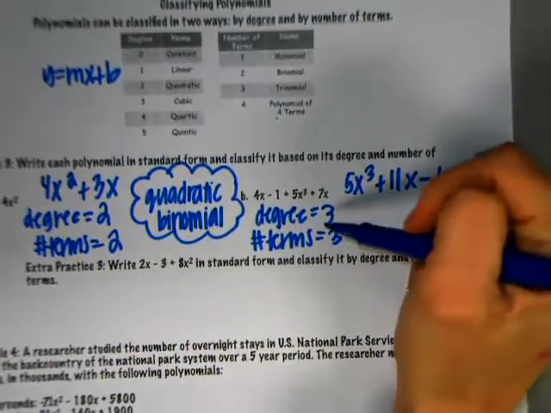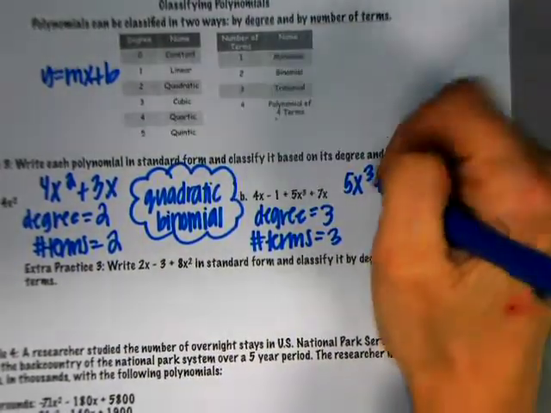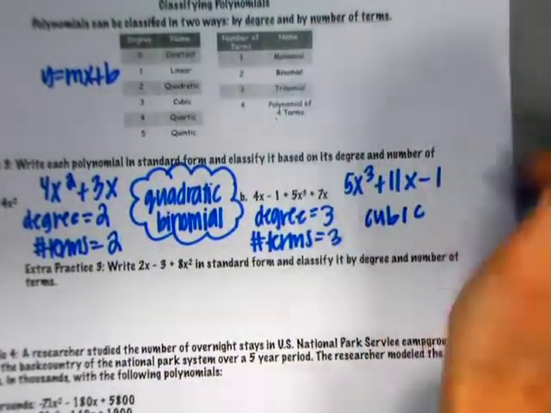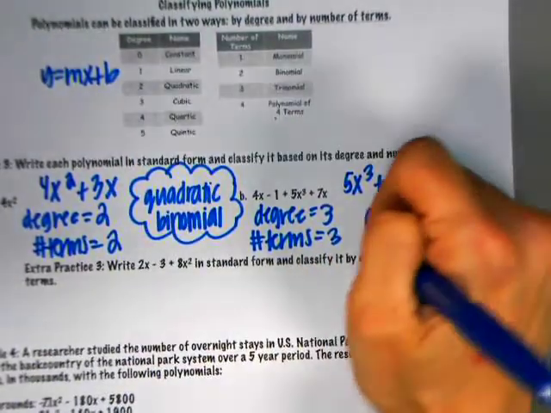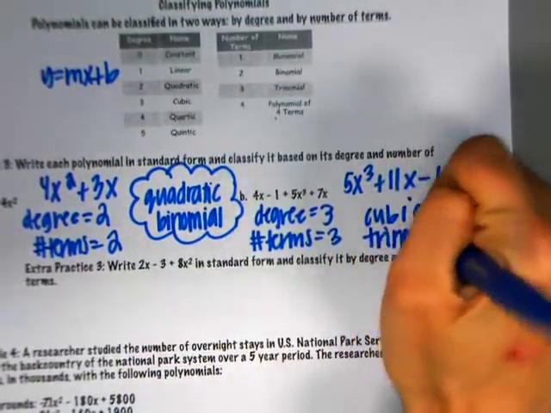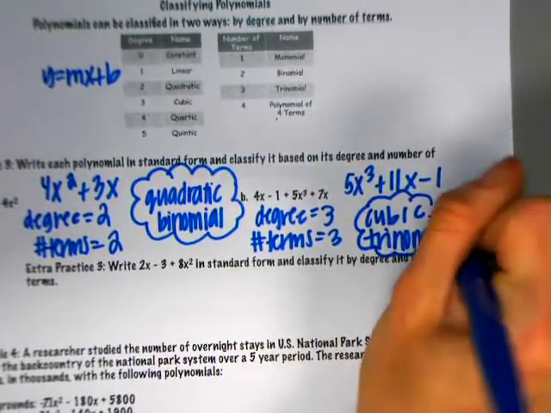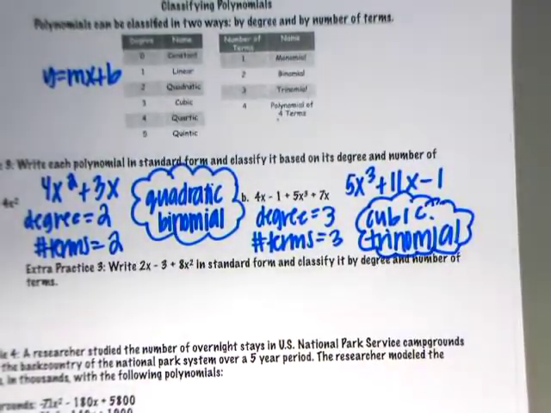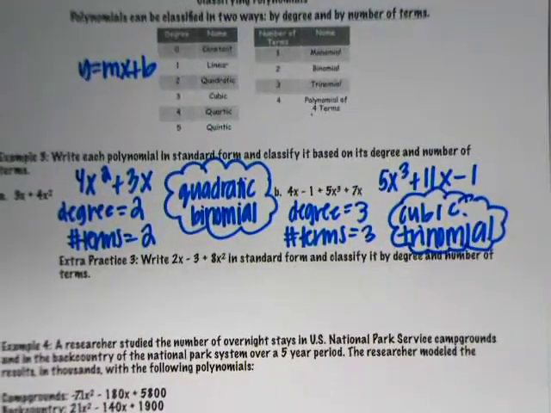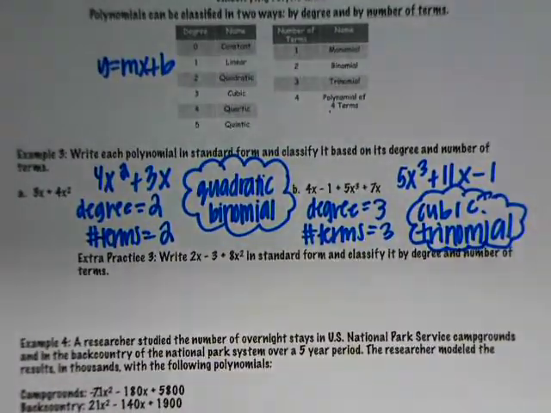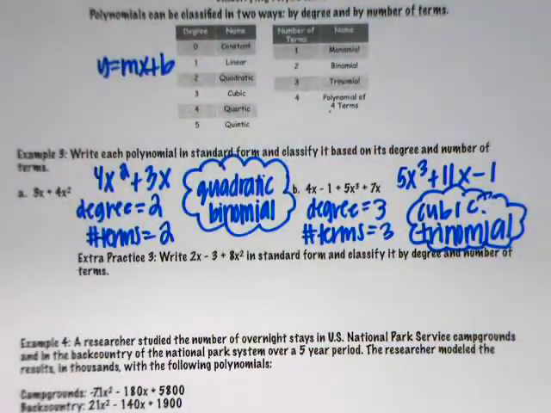So a degree of 3 gives us what word? Yep, cubic. And what about 3 terms? Trinomial. Okay, good? Okay, try that next one.